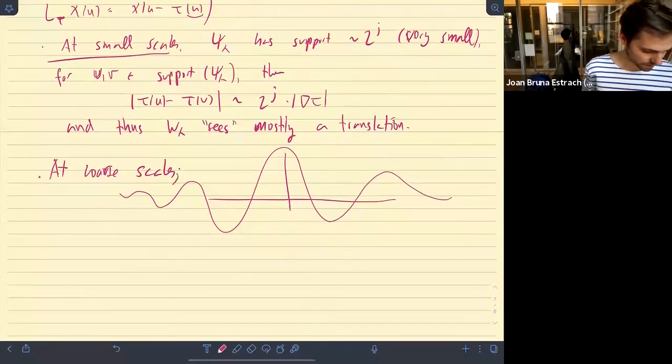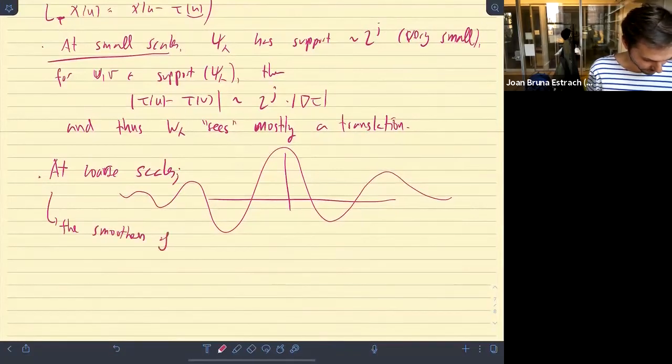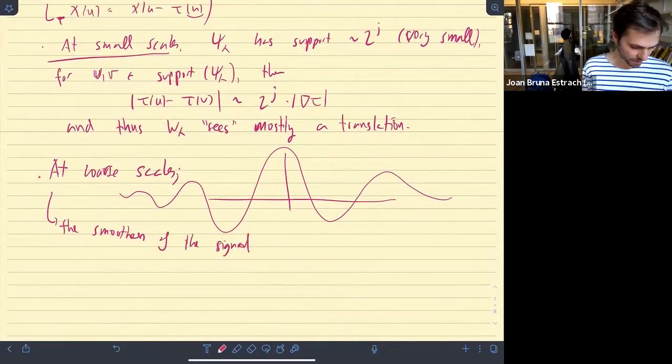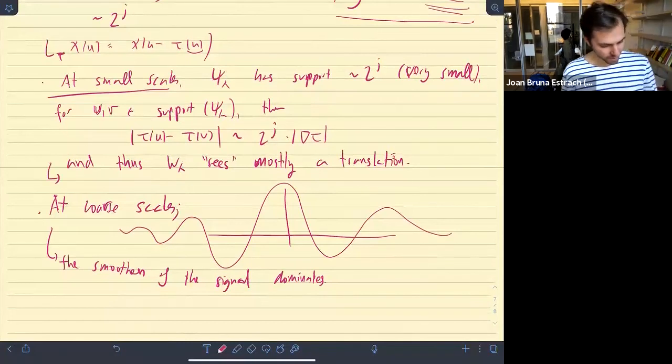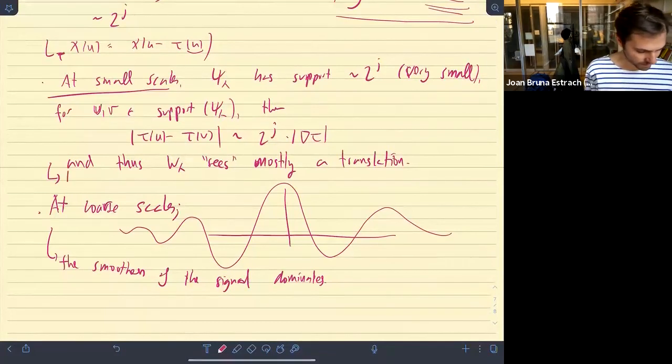Across scales, basically the smoothness of the signal dominates. So this is really different from what happened at small scales, because in the small scales, it's the smoothness of the field that dominates.